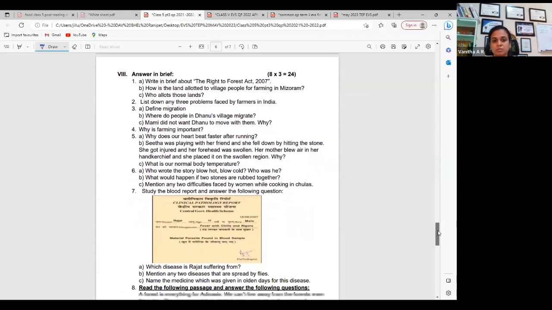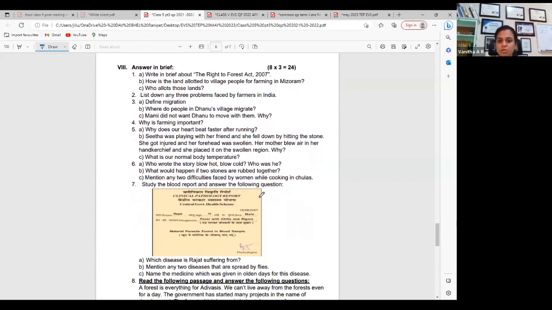And this is also from the textbook only. This is a clinical pathology report, where a blood test was taken. So what disease are they suffering from, all that. So from the text, things can be taken and tested.